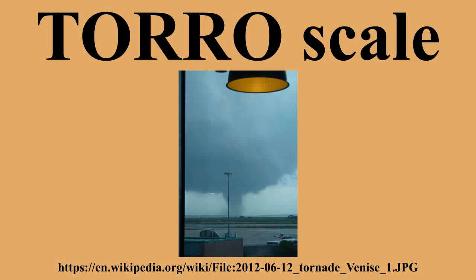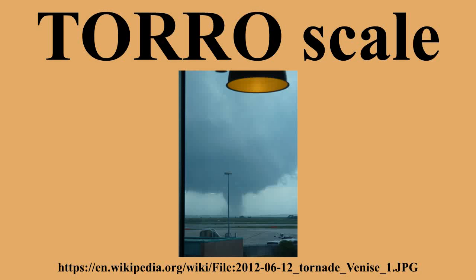Rating process and comparisons to Fujita scale. TORRO claims it differs from the Fujita scale in that it is purely a wind speed scale, whereas the Fujita scale relies on damage for classification, but in practice, damage is utilized almost exclusively in both systems to infer intensity.